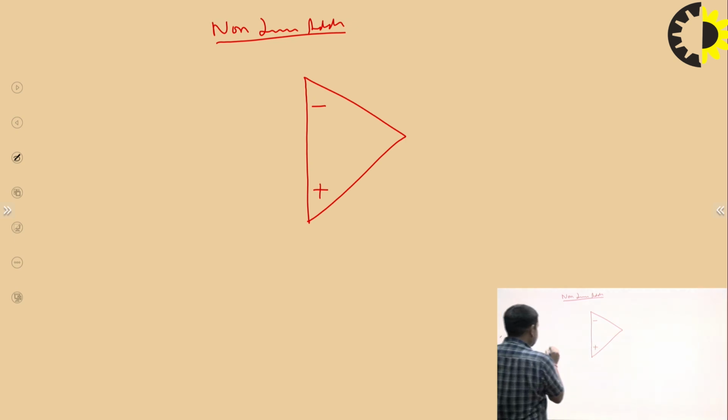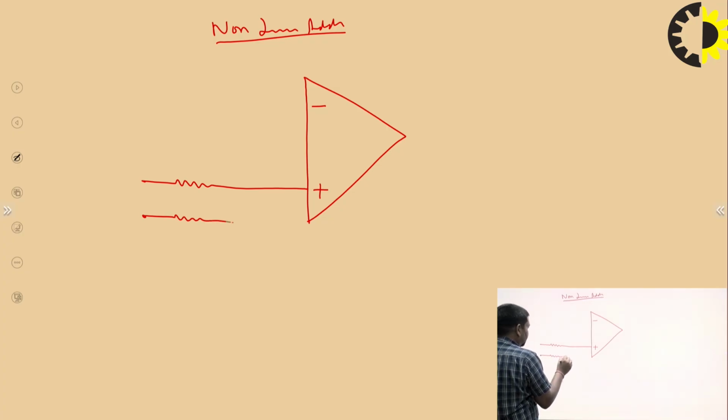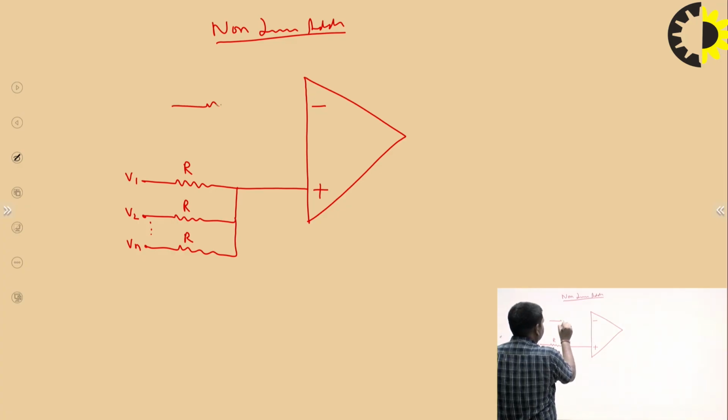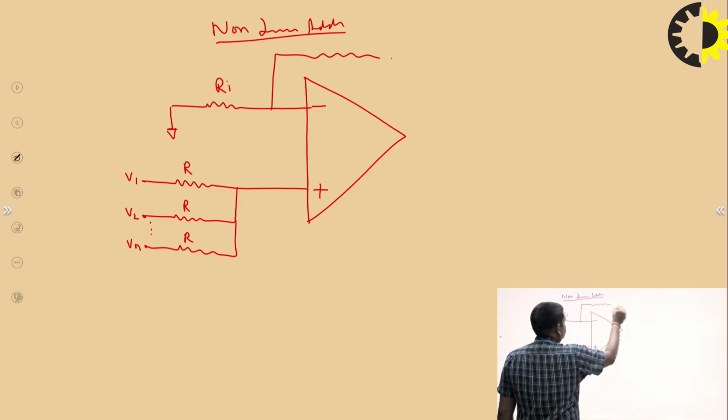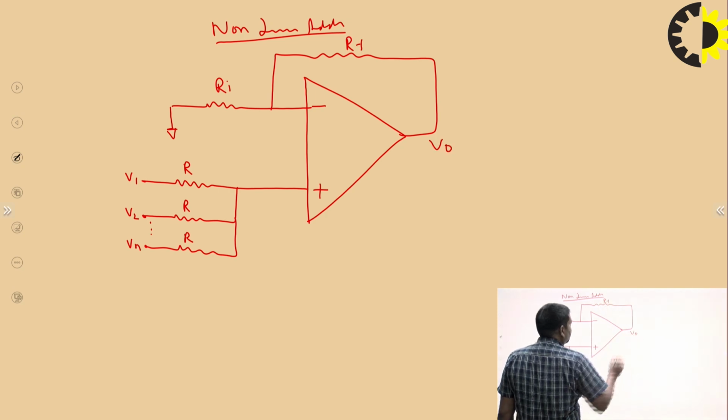That means we apply all the input voltages at the non-inverting terminal, having voltages V1, V2 up to Vn, each through a resistor R, and this is Ri and this is Rf. So what is the output voltage?